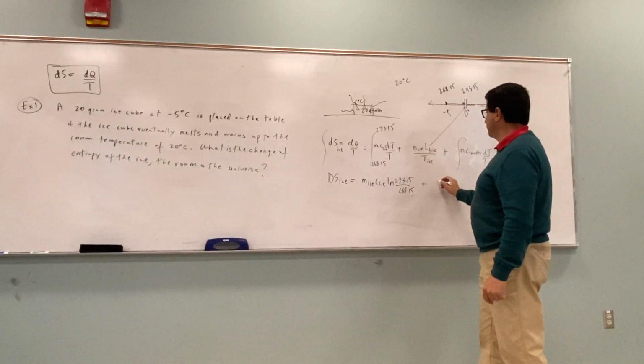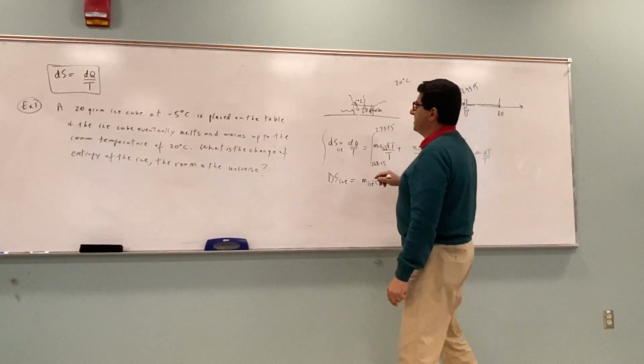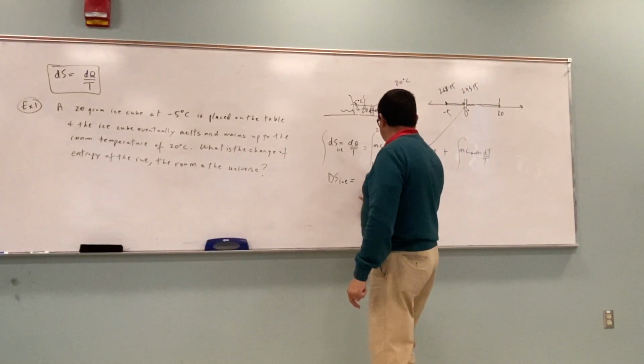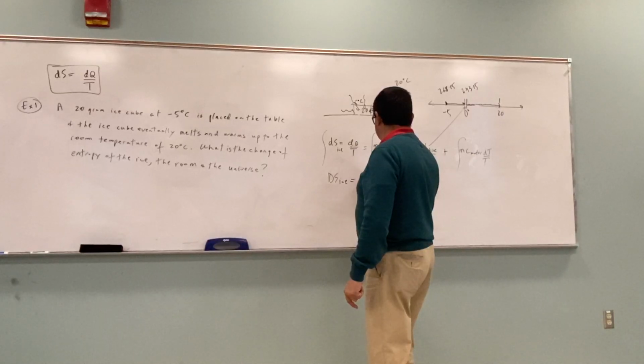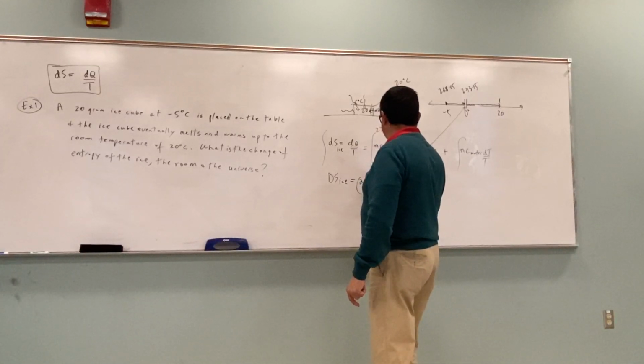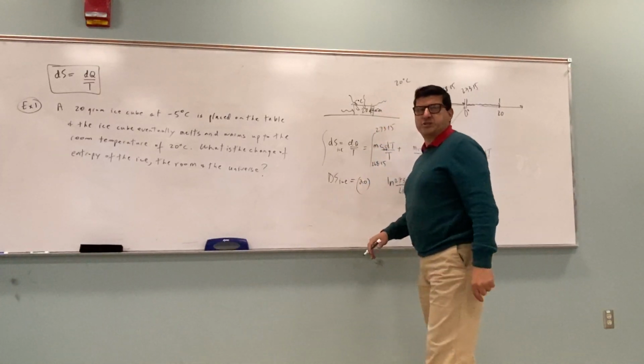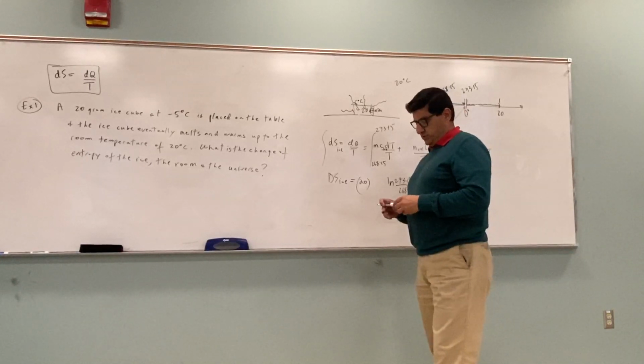So then you just do the mass of the ice, which was 20 grams. And the specific heat of ice would be what? We have to look at that.